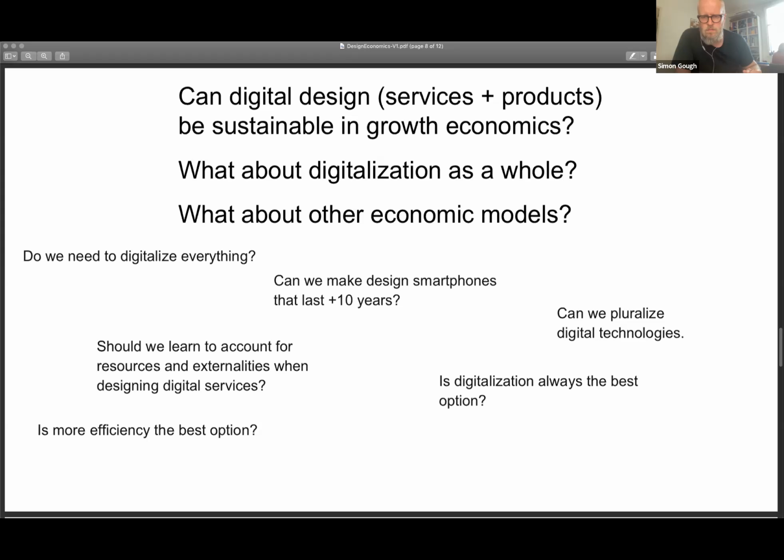But with digital design, it's even more difficult, because it is the intersection of very dematerialized seeming interactions, but also the fact that most of the impact is energetic, and also around all of the resources in the infrastructure of the digital services. But all of that is so invisible and so difficult for people to understand.